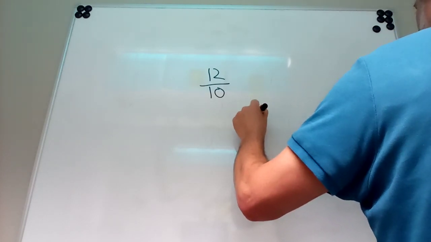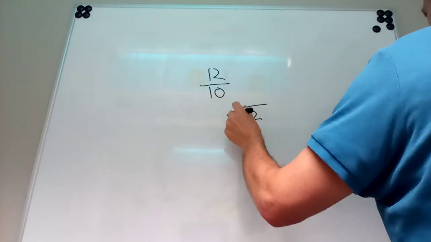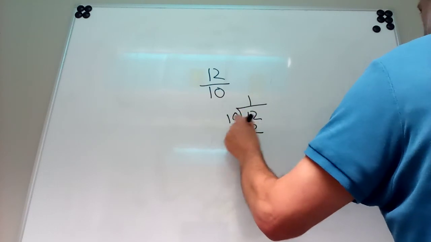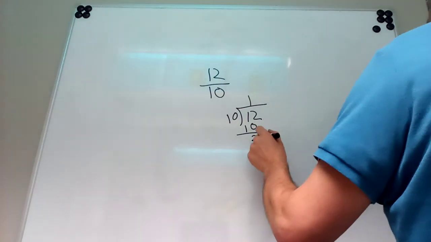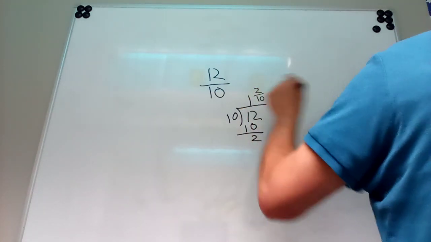So I'll bring my 12 down, I'll divide the 12 by the 10. 10 will go into 12 one time. 1 times 10 is 10. I subtract and I end up with 2. So that's my remainder. So I'm going to put 1 and 2 tenths.